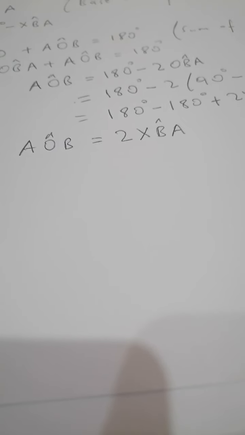So we therefore have angle AOB is equal to 2 times angle XBA. We've just used the fact that the interior angles of triangle AOB add up to 180 degrees to get angle AOB.